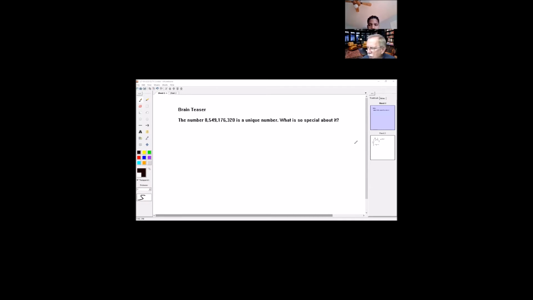All right, so a couple of people sent me an answer, and a couple of people said it's because it has all the numbers from 0 through 9 in it, which is true, but that doesn't make it unique because I could have 1, 2, 3, 4, 5, 6, 7, 8, 9.